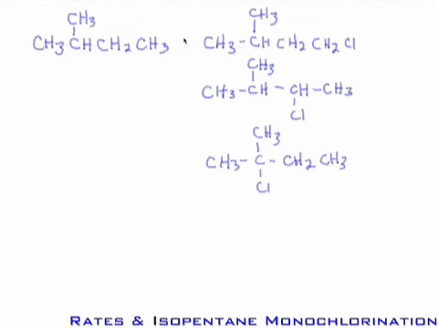For example, this primary position here has next door to it a CH2. But the primary positions here and here have next door to it a CH. So if you put a chlorine here, you've got, yes, a primary position chlorinated, but you've got a different molecule.